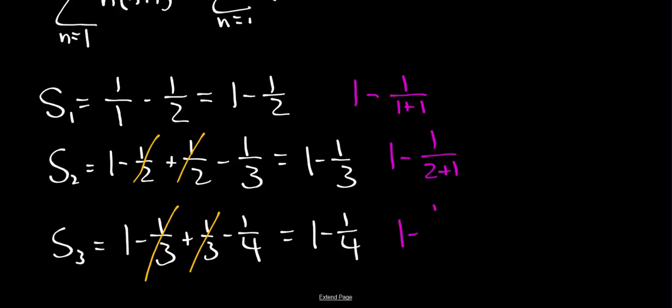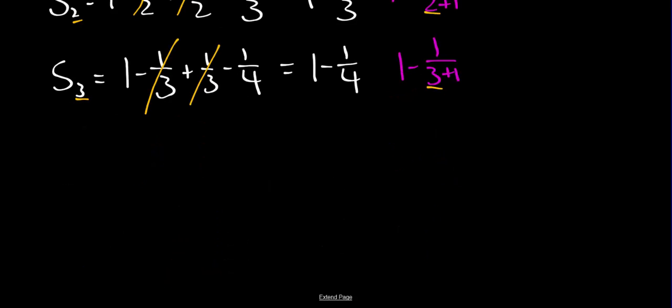This is 1 minus 1 over 3 plus 1. Now dig this. Notice that this 1 corresponds to that. This 2 corresponds to this. 3 and 3. It looks like I've got a pattern here. And I could say, well, let's look at the kth partial sum. It's going to be 1 minus 1 over k plus 1. So that's the kth partial sum.